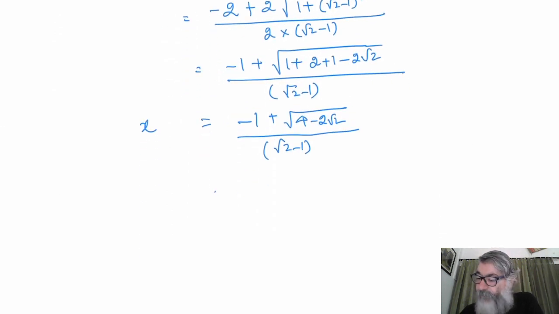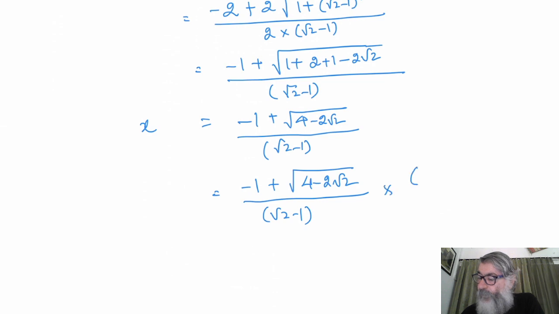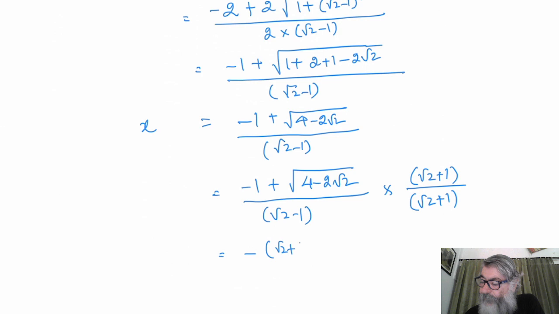What I'll do is minus 1 plus (4 minus 2 root 2) upon (root 2 minus 1) into (root 2 plus 1), and root 2 plus 1. Rationalization. In simple words, it is rationalizing. So when we rationalize it, it will become minus root 2 plus 1.